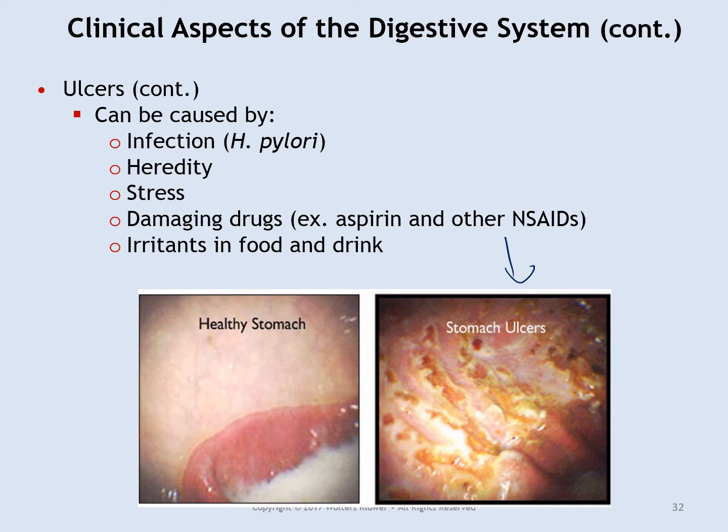This was the hypothesis behind stomach ulcers for a long time, up until the 80s, actually. People were certain that ulcers were caused by stress and that you needed to relax and have a bland diet in order to heal your stomach ulcers. This all changed, like I said, back in the 80s, when a doctor in Australia who was studying the stomach and stomach ulcers started to think that maybe there's something else going on here.